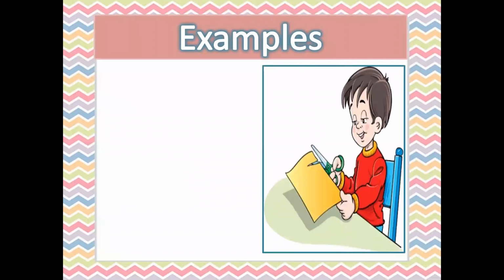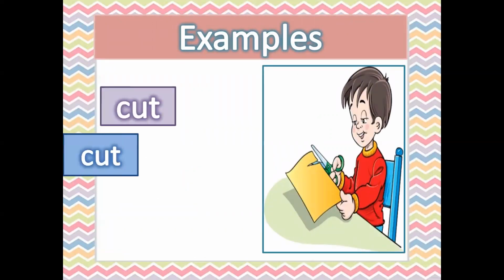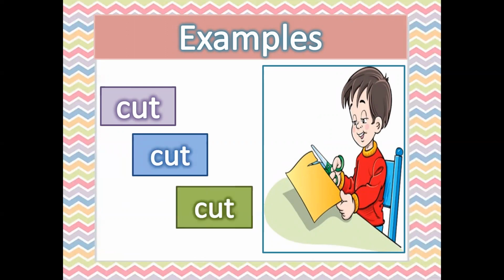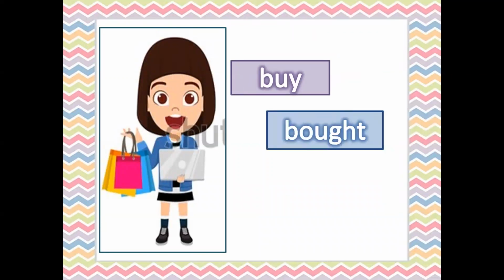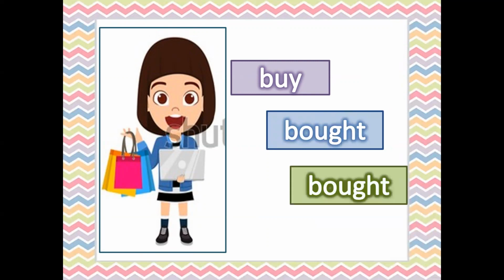Here comes the first example for us. Cut, cut, cut. Let's see the next example. Buy, bought, bought, right? Here, two of the three forms are the same, bought and bought, right? Now let's see the next example here.